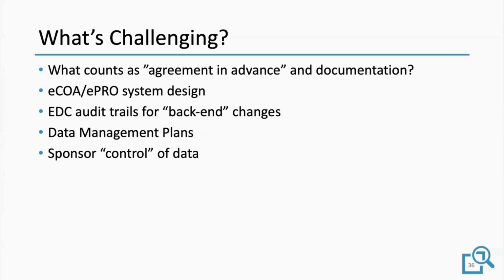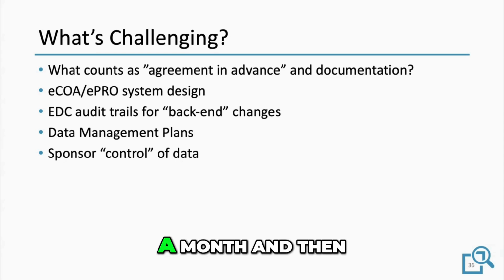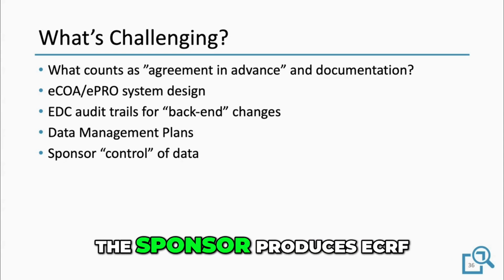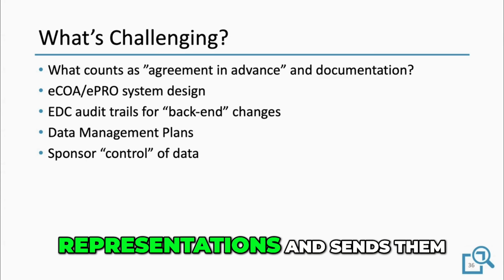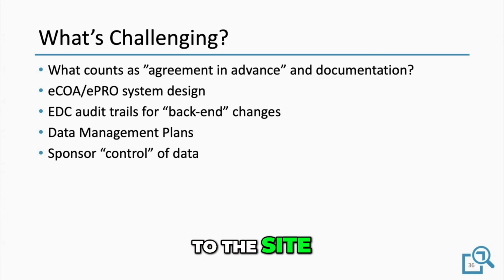So, for example, if we cut off read access to an EDC system for the sites, and then the sponsor keeps it offline for a month, and then the sponsor produces E6R3 representations and sends them to the site. In theory, the sponsor could have changed the database while it was offline, or they could have changed the PDFs, right? Because they have exclusive control of the data in that scenario.